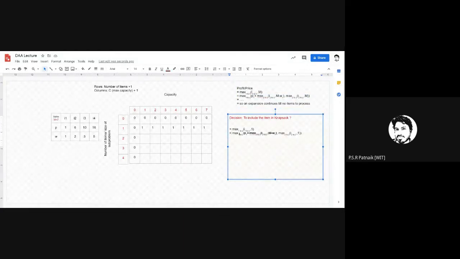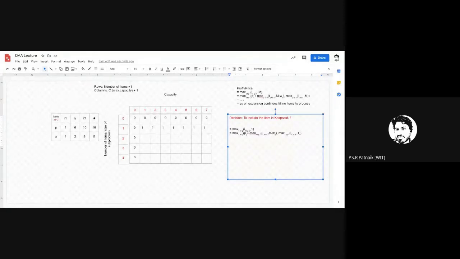For example, P2 plus, from I1, M minus W2, or max of that with 1.